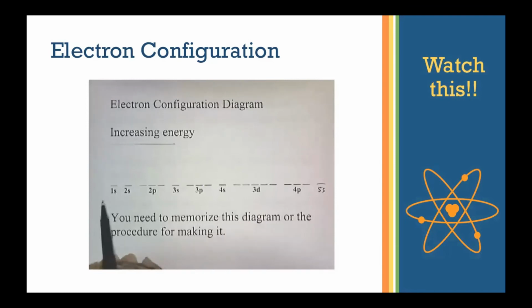So you go from left to right, energy increases. Basically, when we say energy increases, it means getting further and further away from the nucleus. You need to memorize this diagram or memorize the procedure for making this diagram.